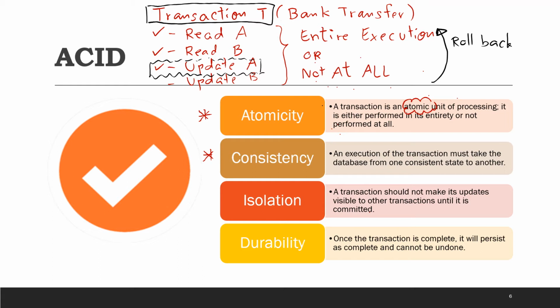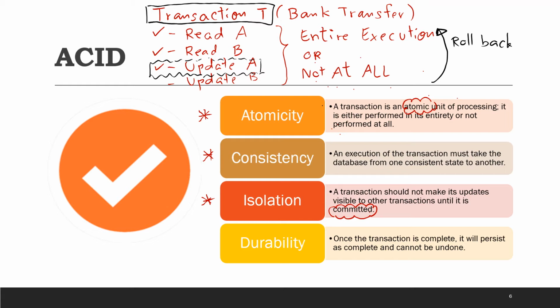Then the third property, isolation, meaning that a transaction should not make its update visible to other transactions until it is committed. Now we have another term discussed here, that is commit. We first talked about the term rollback, right? When we discussed the example of atomicity of a transaction T, the bank transfer example.